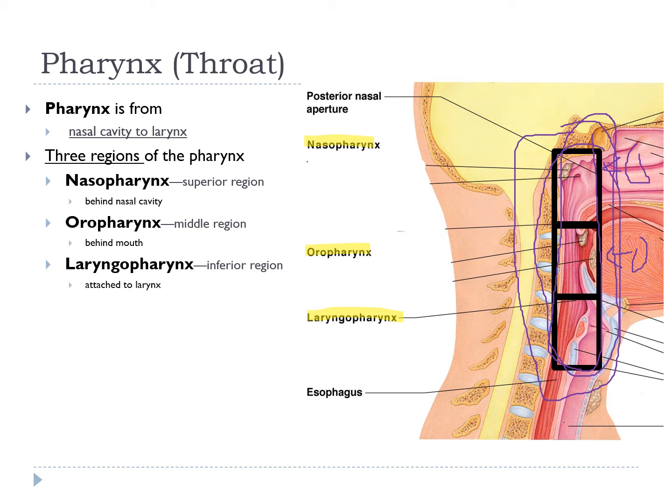So the first is the nasopharynx, which is, of course, behind the nasal cavity. Then we have the oropharynx, which is behind your oral cavity. Okay, so there's a pattern there. And then you have the laryngopharynx, which is behind your larynx.